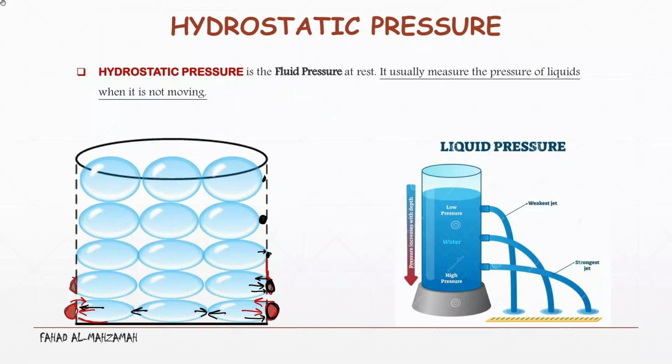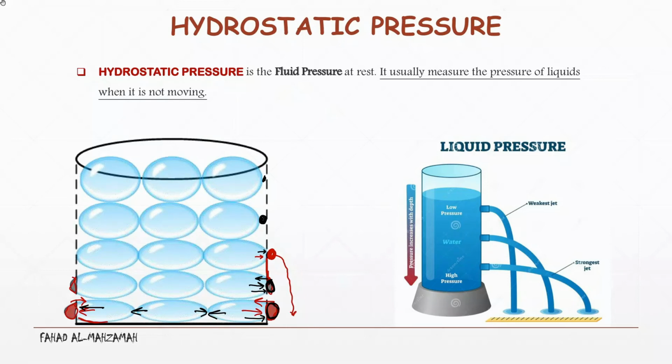So if you punch a hole here, the molecules don't exert a very high pressure on the wall, so the liquid will come out with a small velocity, like this.